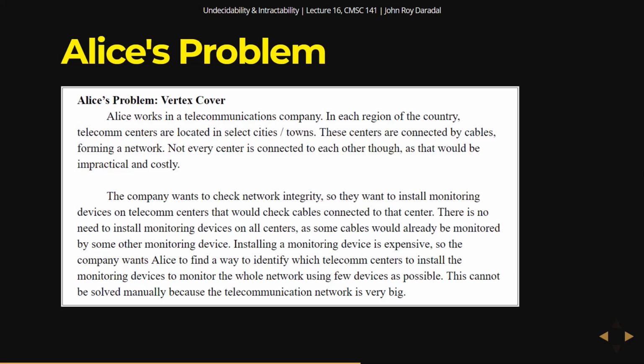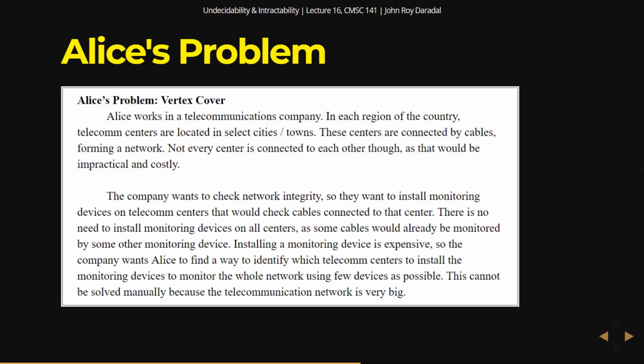So the company wants to check network integrity. They want to check if everything is working correctly, if it's running. So they want to install monitoring devices on telecom centers that would check the cables connected to that center. There's no need to install monitoring devices on all centers, because some cables would already be monitored by other monitoring devices.